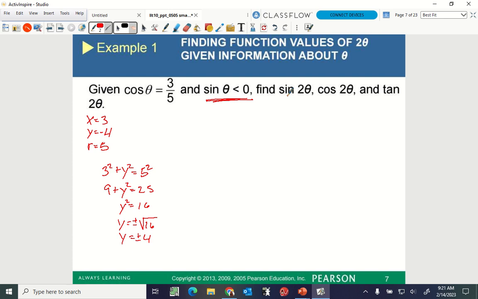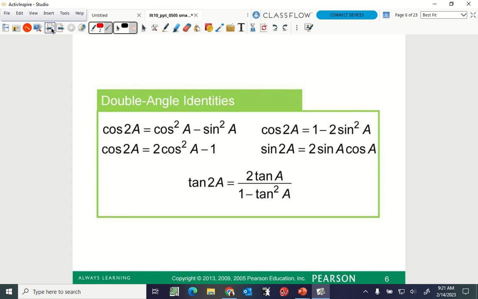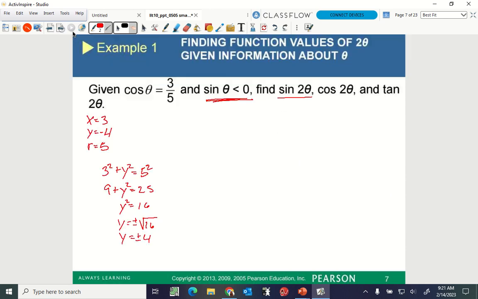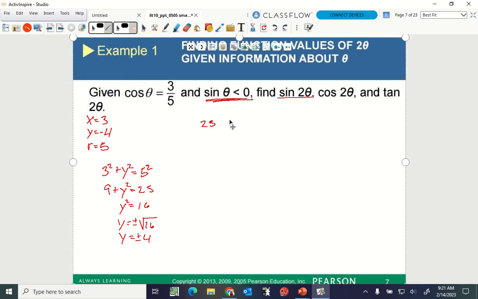Now, next thing I'm going to do is plug in for the formula for sine 2 theta. So back it up here. Sine 2 theta is 2 sine A times cosine A, which is the same thing as saying my theta instead.